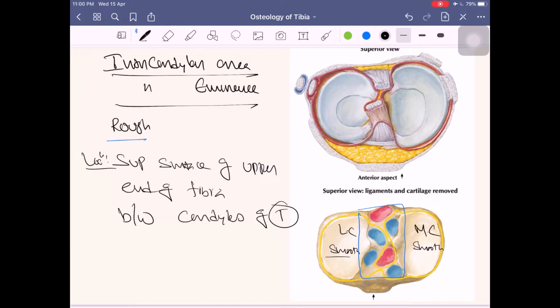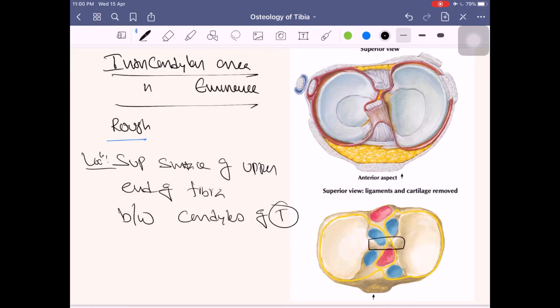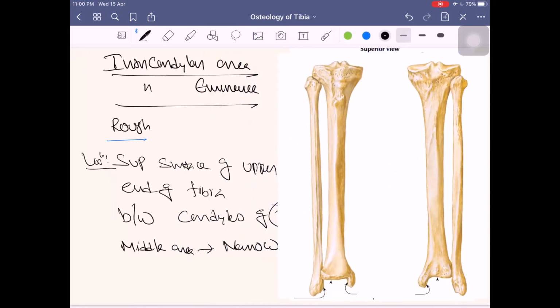If you notice the middle portion, this part is very narrow. So in the intercondylar area, the middle area is narrow, and here it is marked by elevation. Can you make out the elevation? Here it may not be very prominent. In another image, the full view, you will be able to see these elevations in the middle part of your intercondylar area.